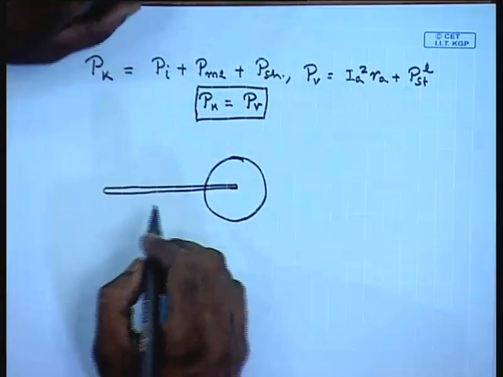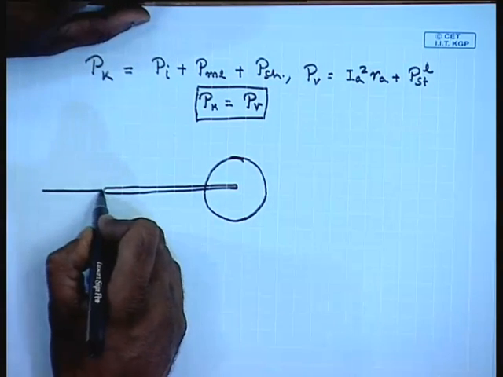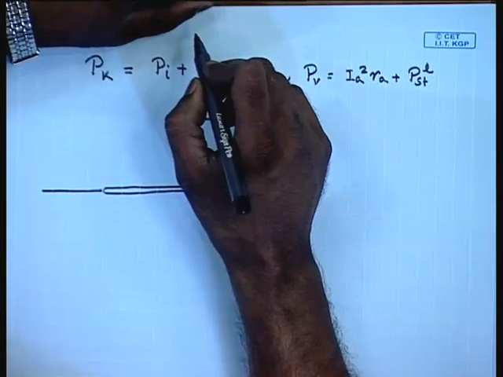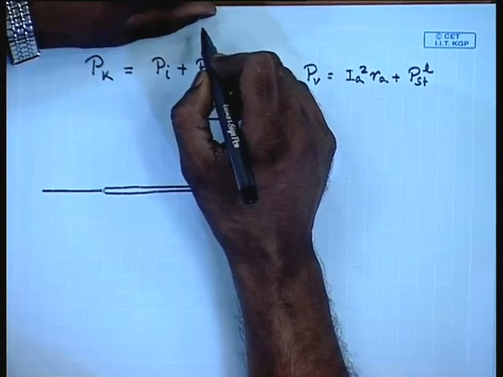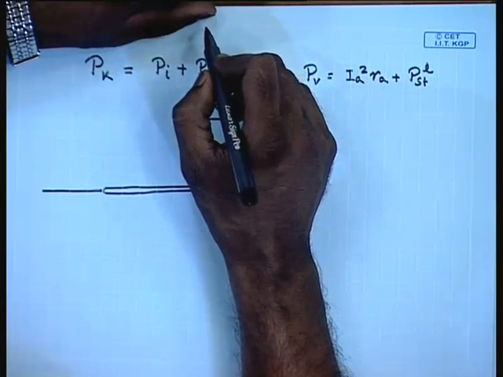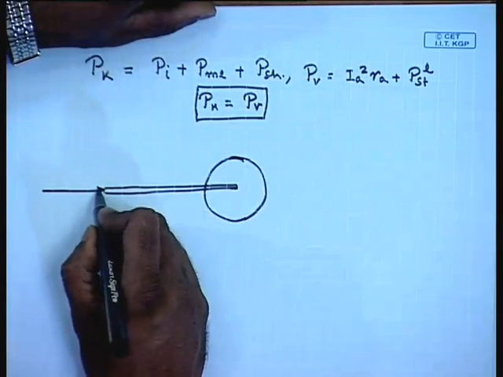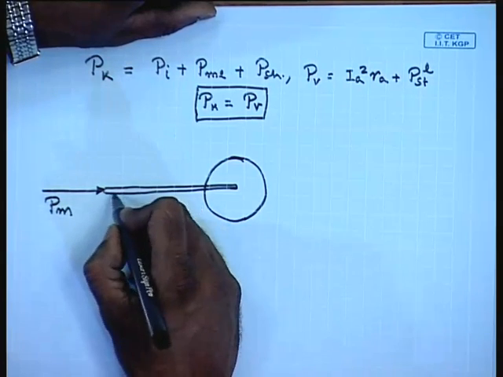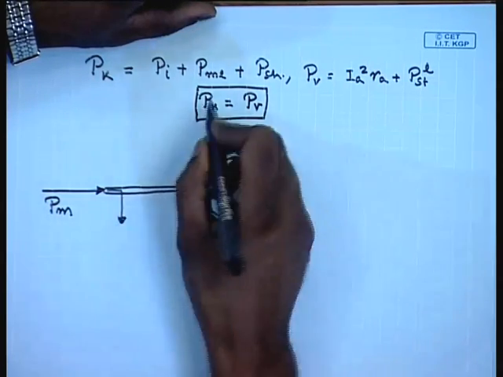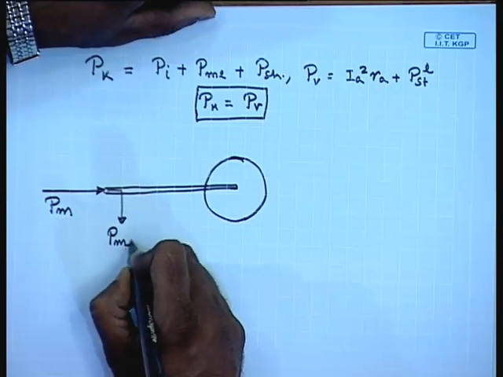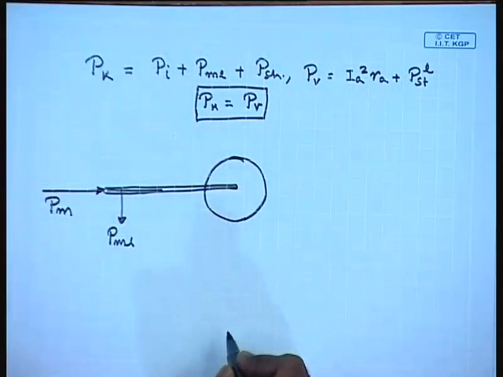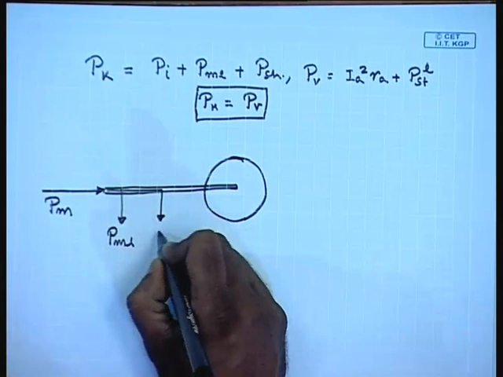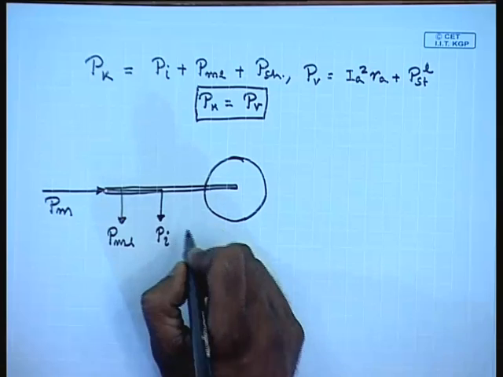So, in a generator, the mechanical power is input, then the first component of loss that goes out is the mechanical loss. We said that iron loss has the effect of producing an opposing torque. So, next comes the iron loss.